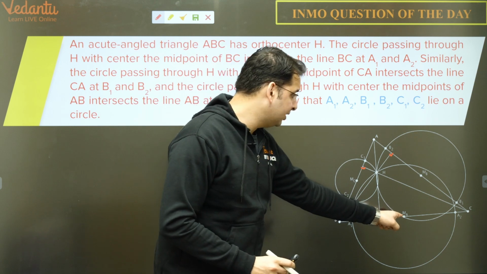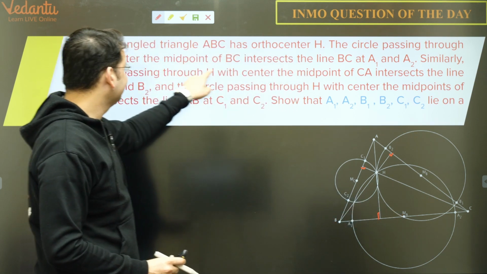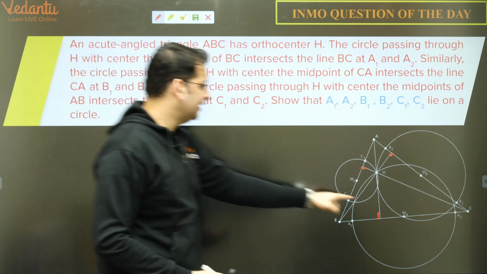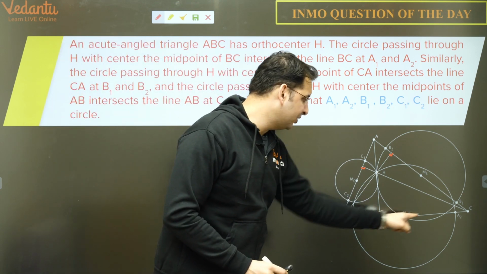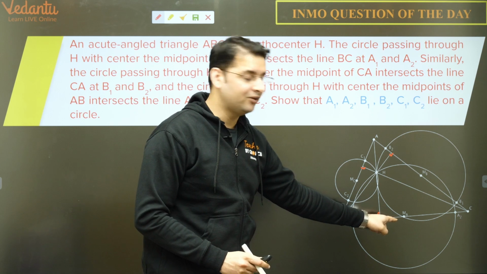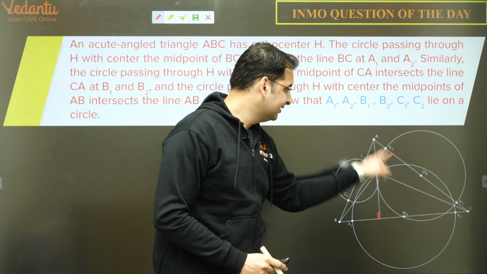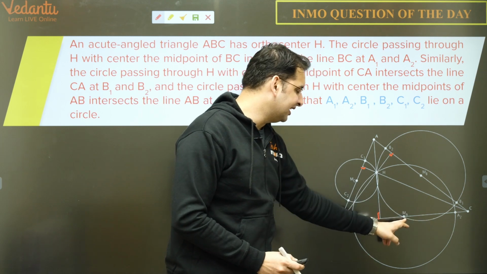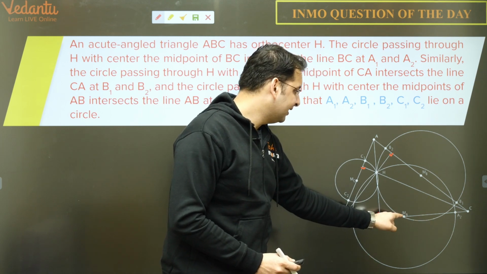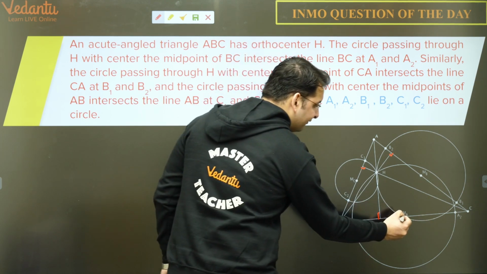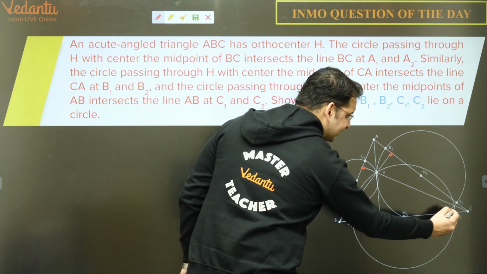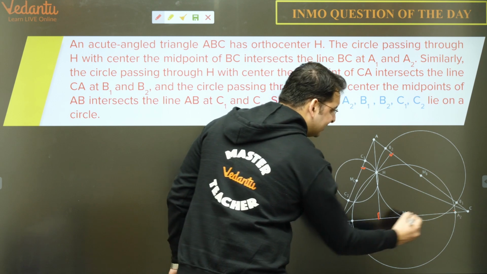A circle drawn with center the midpoint of BC and passing through H. I've named the midpoint of BC as MA, the point of intersection of the median and the line BC. The circle with center MA and passing through H intersects BC at A1 and A2.